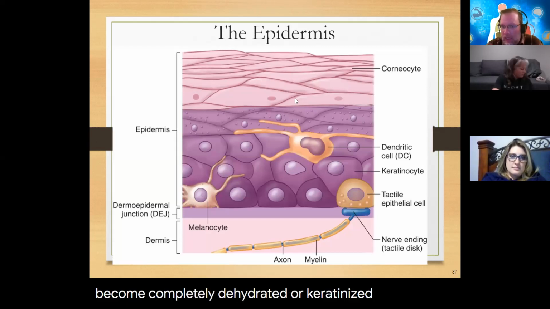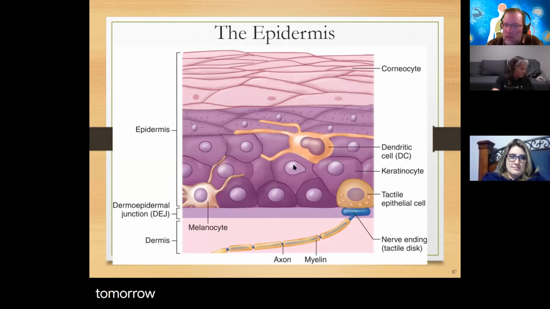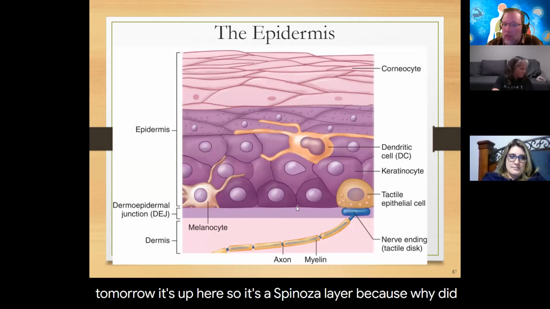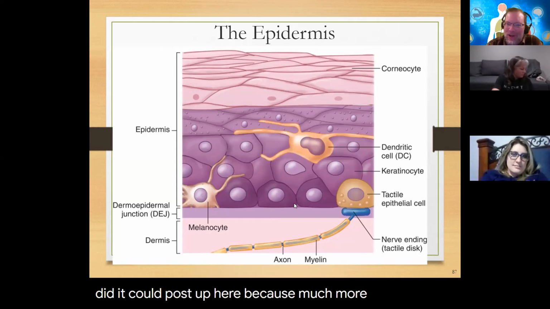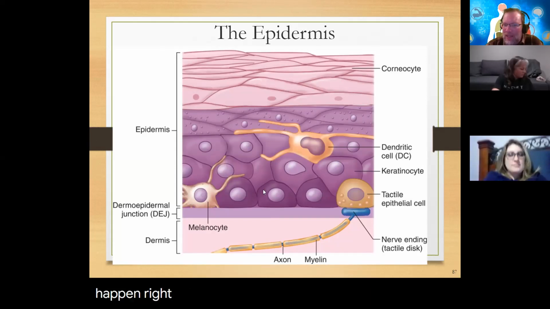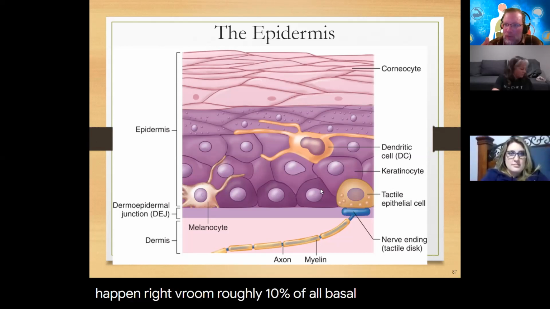So in essence, guys, we start down here with mitosis, a new bouncing baby, hydrated, beautiful, big cell is born. And then tomorrow it's up here in the spinosal layer. Why did it get pushed up here? Because more mitosis happened, right? Roughly 10% of all basal cells are going through mitosis each day.